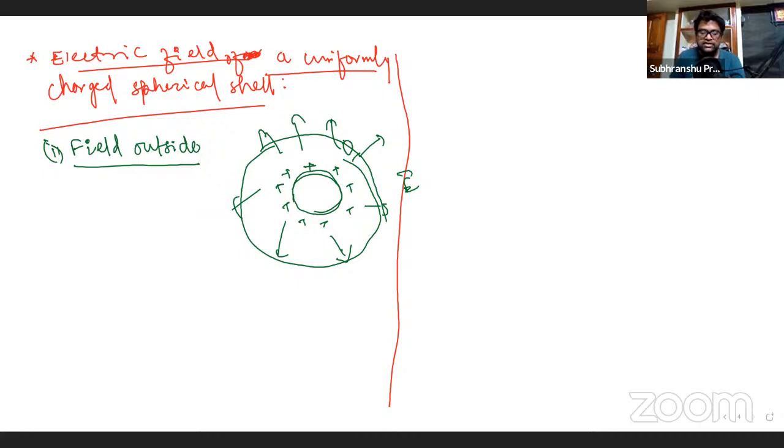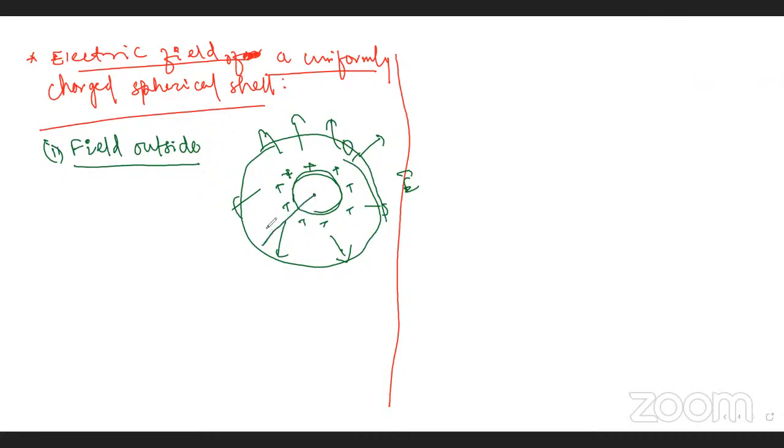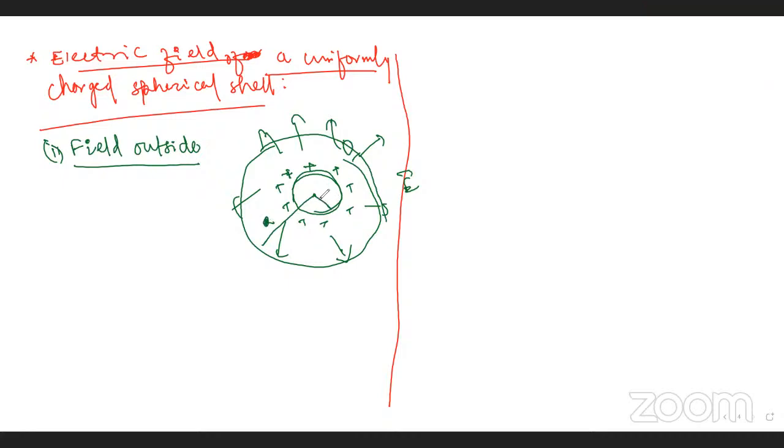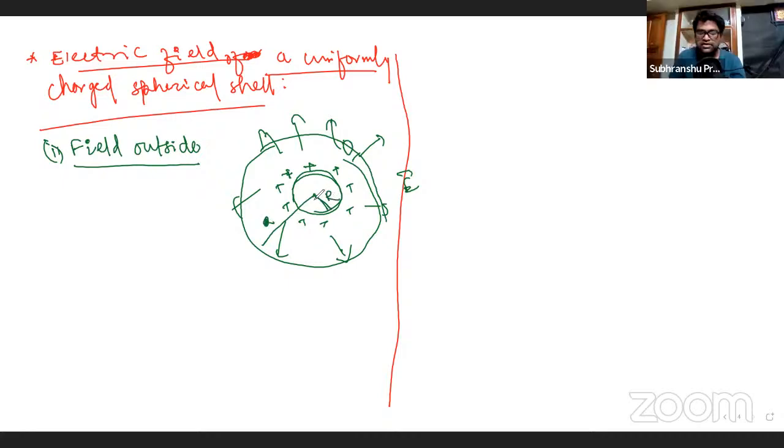So, the field outside the cell. Field outside the cell means the bigger one is a Gaussian sphere, having a radius, let's say capital R, and the small one has radius r.